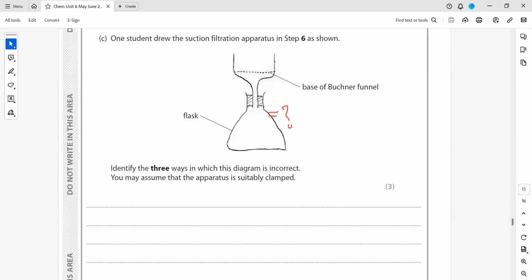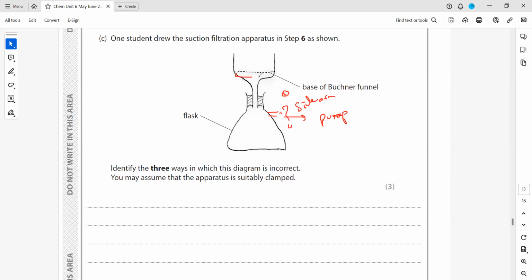The second thing: the conical flask needs a side arm. There must be a side arm, and that is one mistake. And this side arm must be connected to a vacuum pump, that is another mistake. As you can see, this is the base of a Buchner funnel, but they did not label any filter paper.